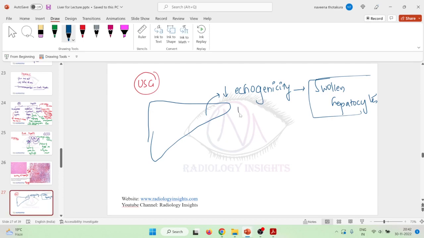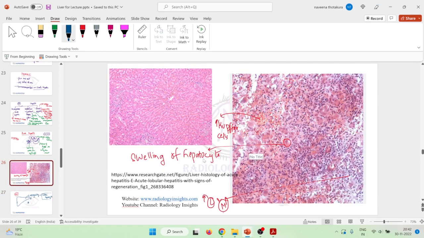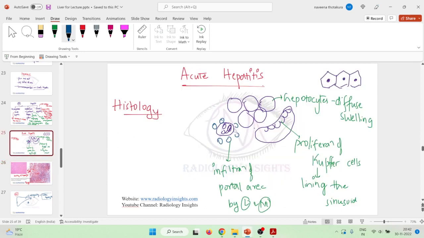That is number one. Number two, around the portal triad there is infiltration of lymphocytes and monocytes. These will increase the brightness of portal triads.